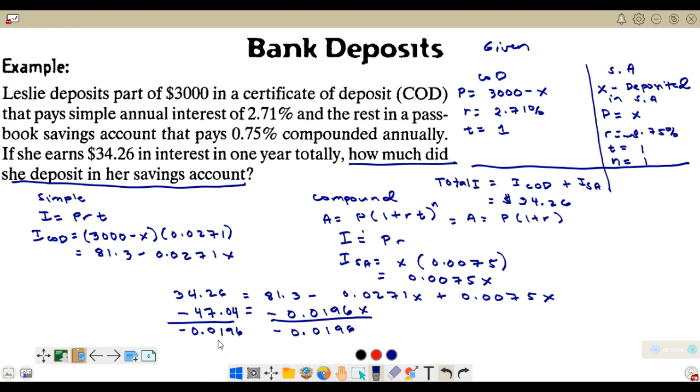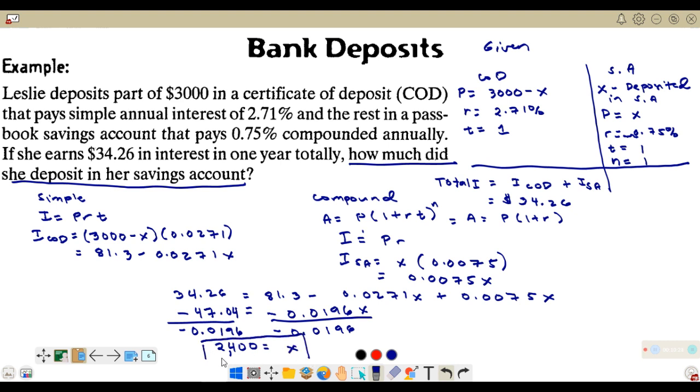So let's proceed. We have 47.04 divided by 0.0196. Ayun, meron tayong 2,400 because negative divided by negative is positive.